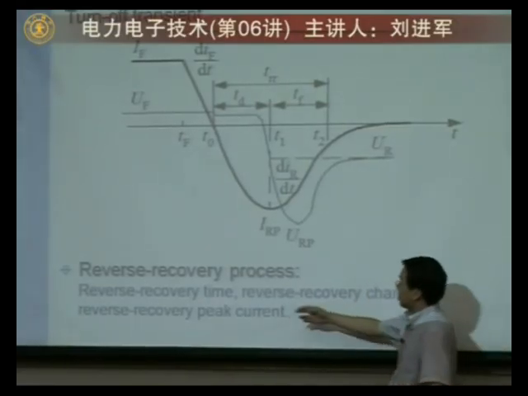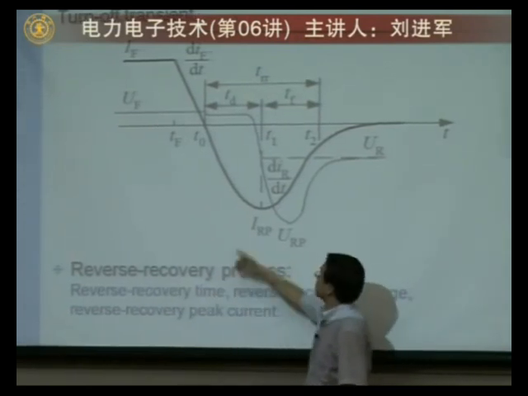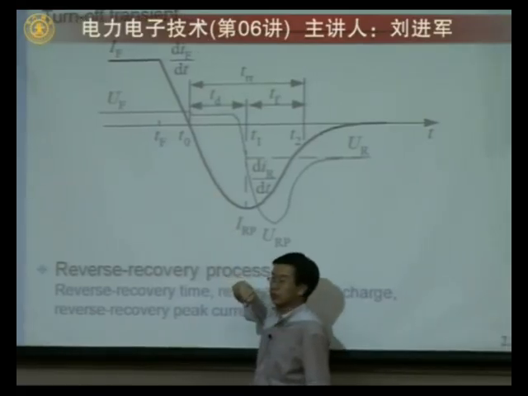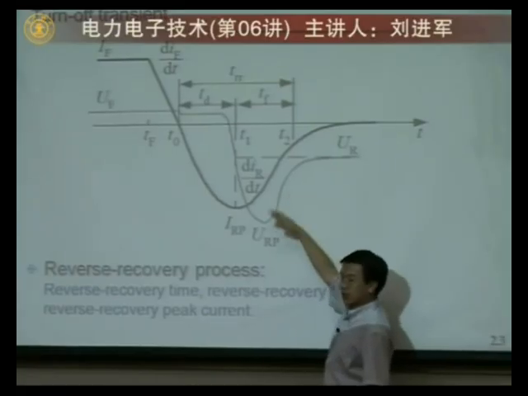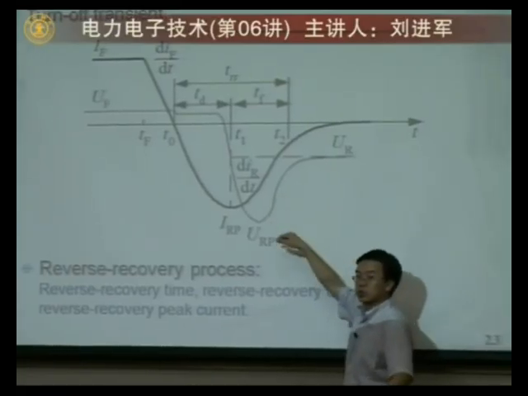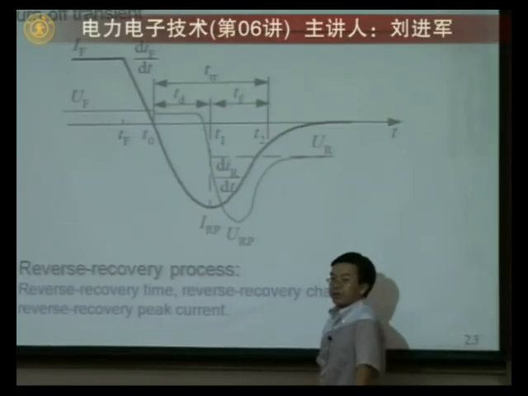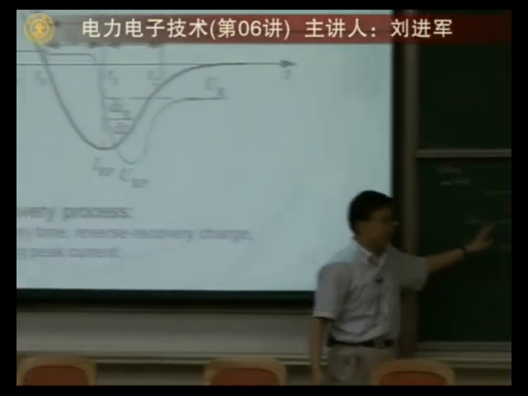This process is called the reverse recovery process, starting from the point when the current decreases to 0, until the reverse current drops back to close to 0 again. This is very complicated, not like what we imagined before.